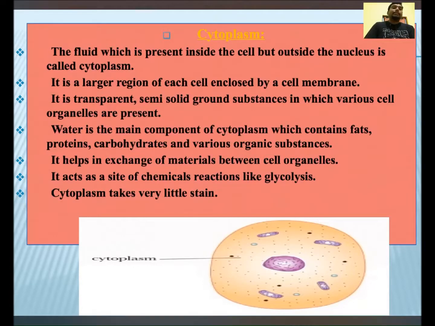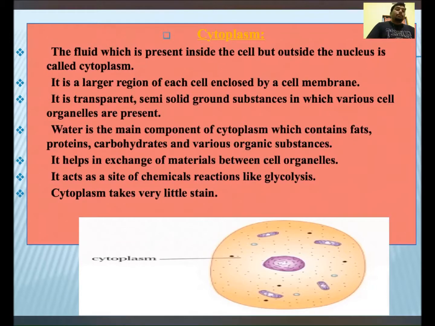It helps in exchange of materials between the cell organelles, because all the cell organelles are bathed in this cytoplasm, so the exchange of material takes place from cytoplasm to the cell organelle through it. It is a site of chemical reactions like glycolysis and protein synthesis.